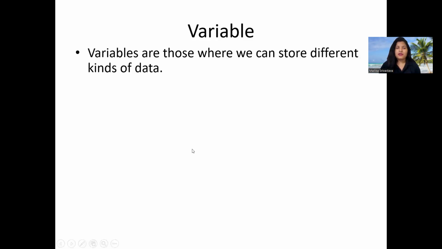I hope you already remember it: a variable is just the opposite of a constant. If a constant is a fixed value, then a variable is not a fixed value. Every time the value changes, it is called a variable. Variables are where we can store different kinds of data. A variable is a kind of container.